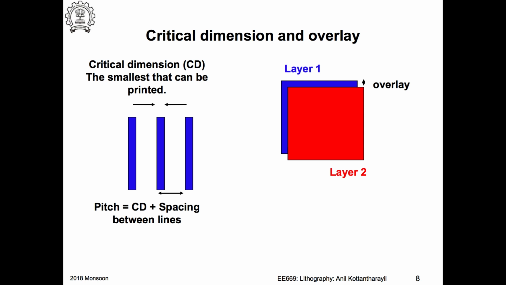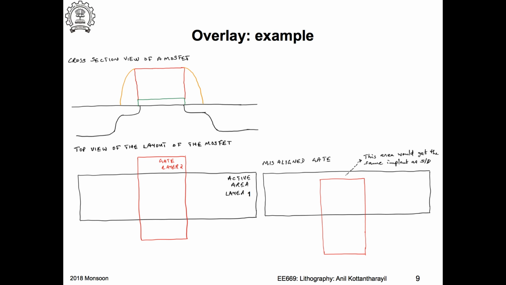Now, the overlay is a very important thing. Again, I would spend some time on this because this is where a lot of the traditional link between the design and the VLSI technology comes into play.